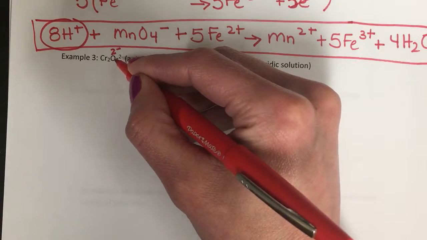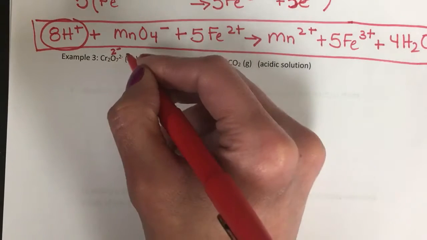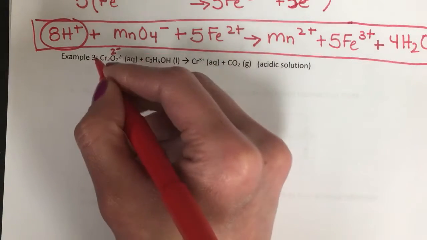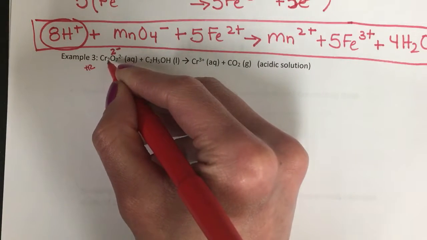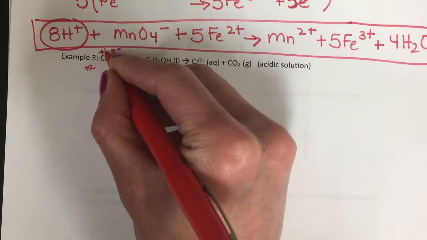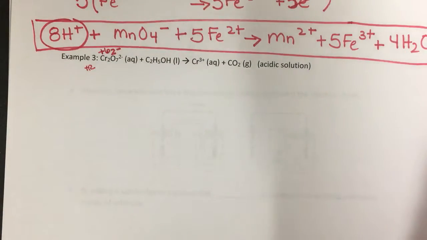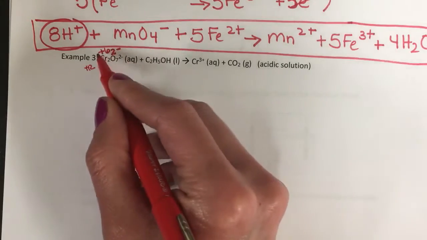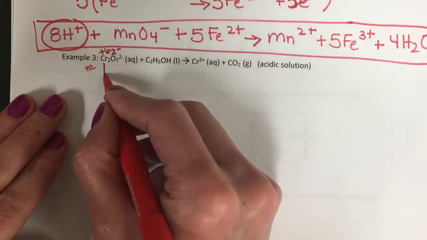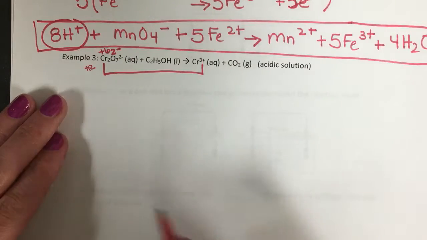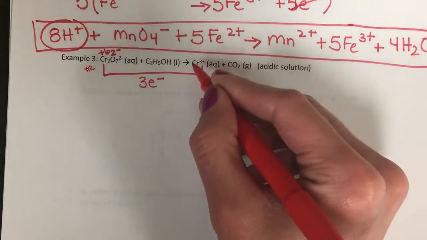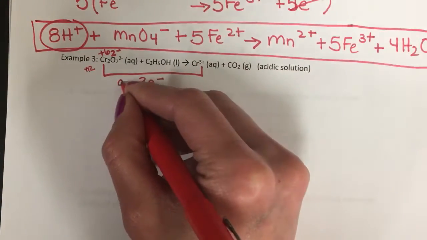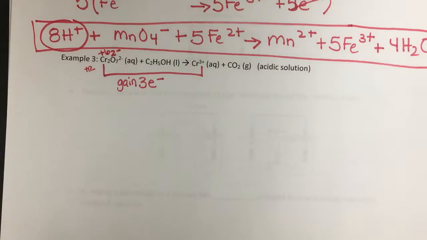So 14 negatives plus 12 positives will be -2. Well, I know I need 12 positives. I have 2 Crs to get there, so each Cr has to be a +6. So my Cr is going from a +6 to a +3. It's going to be changing 3 electrons, and because it's becoming more negative, it's going to gain them. Cr is being reduced. Okay?